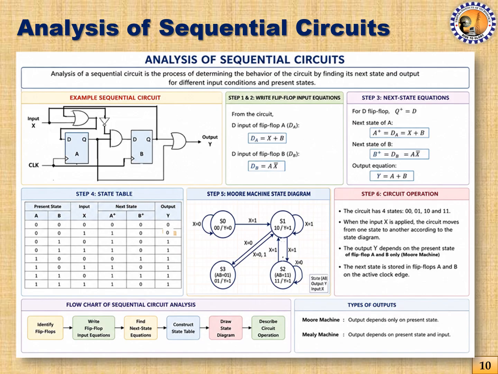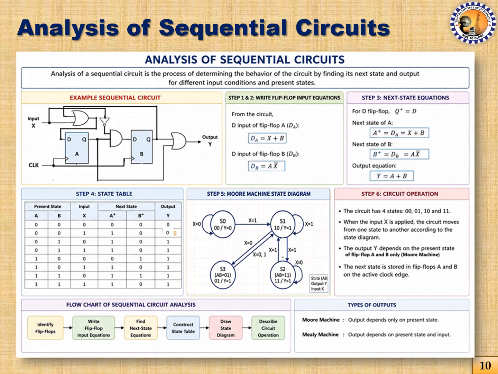Now, if we analyze this, we have two flip-flops, flip-flop A and flip-flop B. When we start analyzing, first of all, we will try to write the flip-flop input equations. Here we are using D flip-flops.